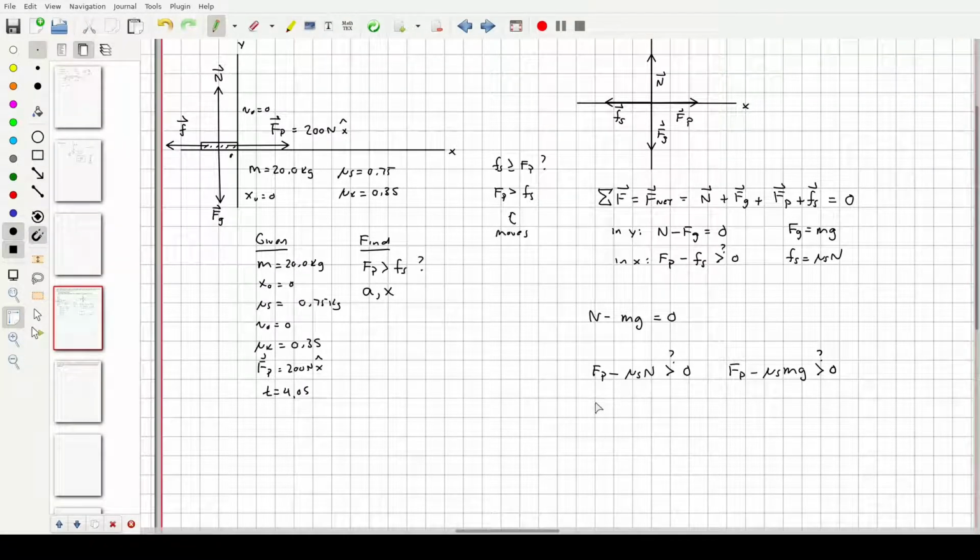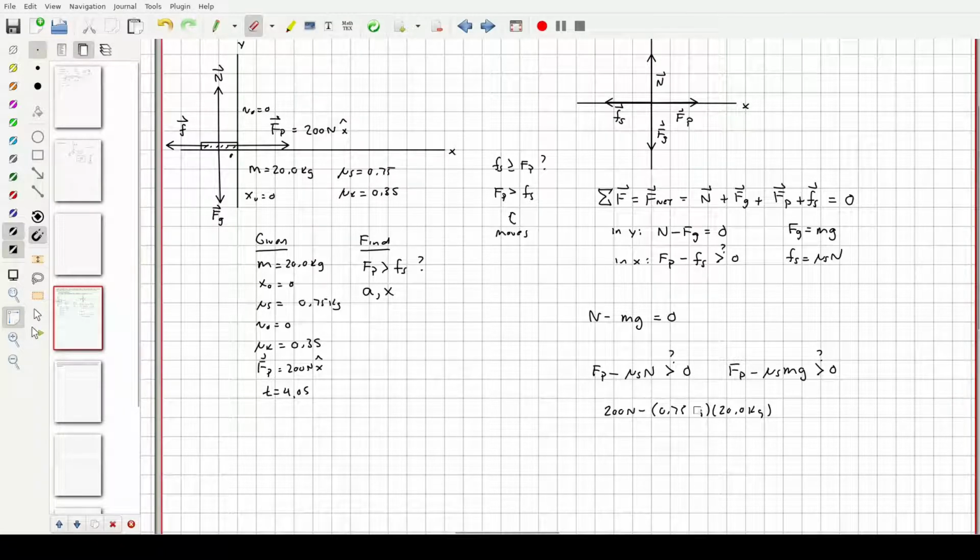Well, we can find that out real quick because we know the force of our push is 200 newtons. Mu sub s is 0.75. Actually, this is not kilograms, sorry about that. That's a unitless constant. The mass of the plate is 20.0 kilograms, and g is 9.8 meters per second squared.